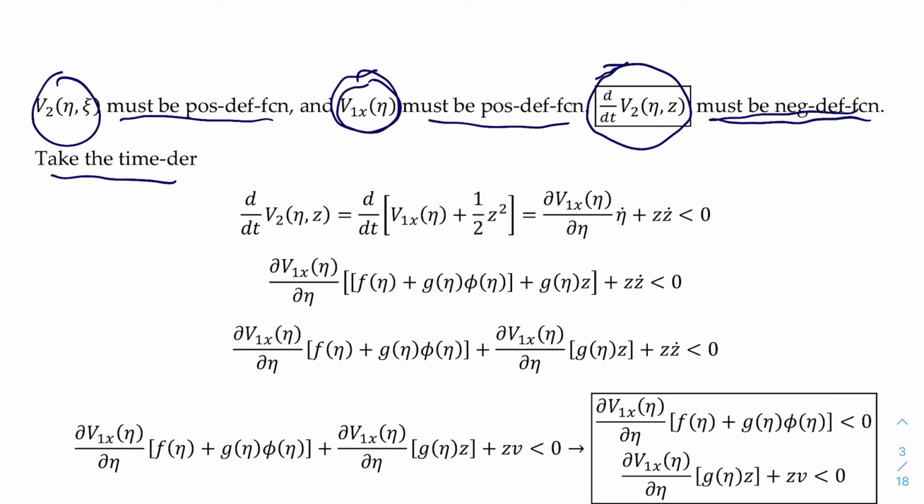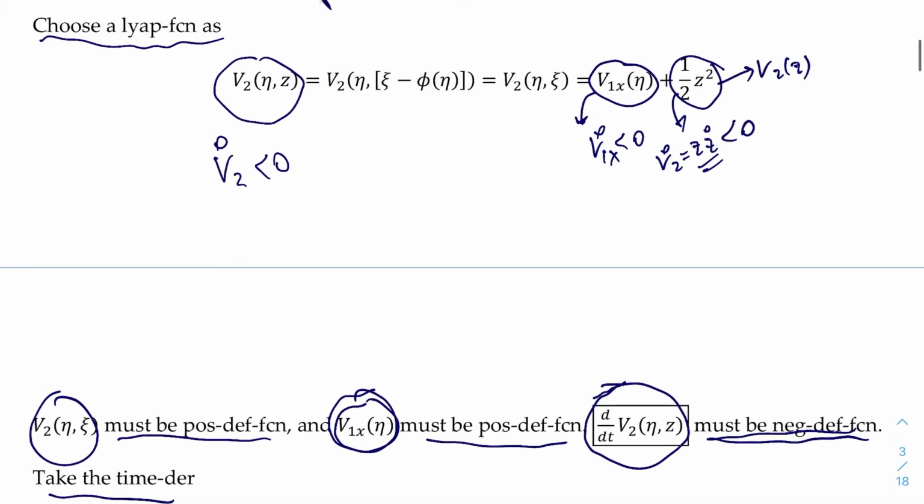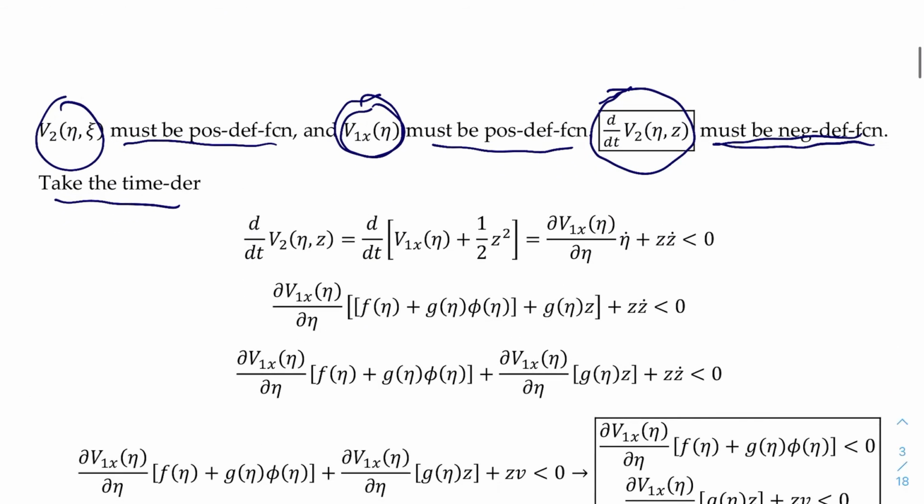Take the time derivative of that expression v2. Here, for example, once again, this is v2, and v2 is composed of v1 of x and this quadratic z term. We substitute v1 of x and this quadratic expression.